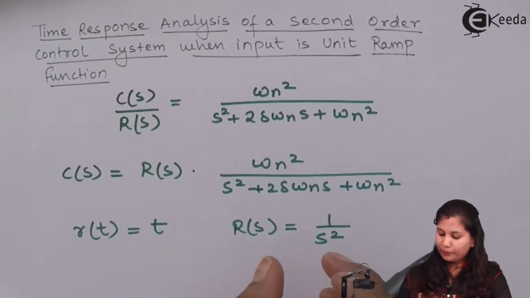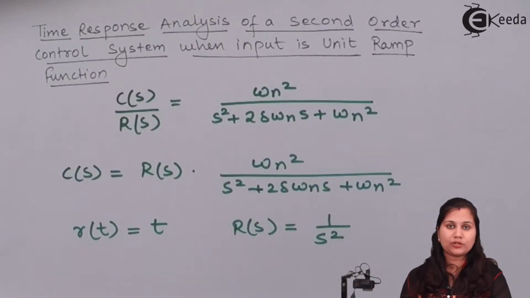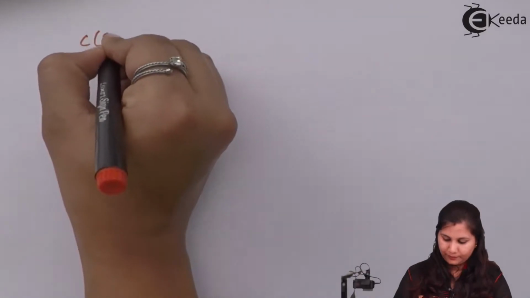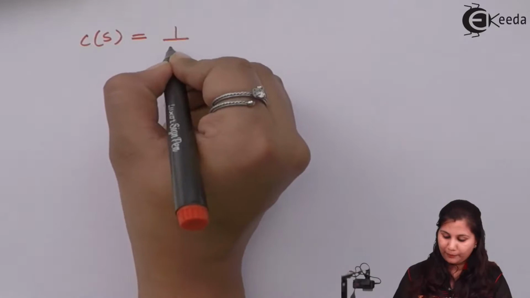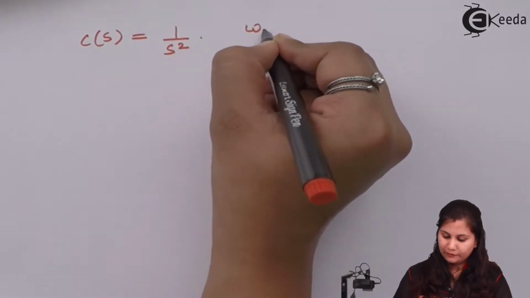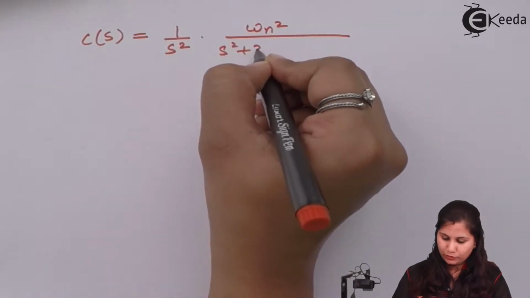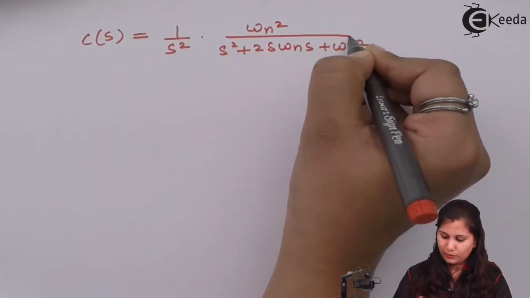So we put the value of R(s), solve it, and take the inverse Laplace transform to get c(t). So C(s) is 1 upon s square multiplied with omega n square upon s square plus 2 delta omega n s plus omega n square.